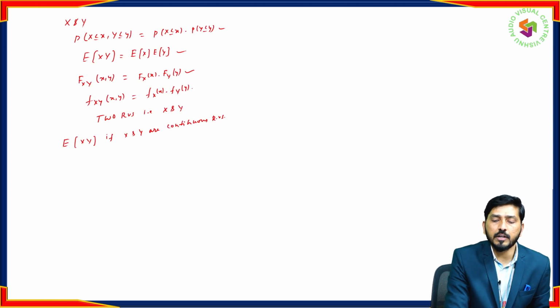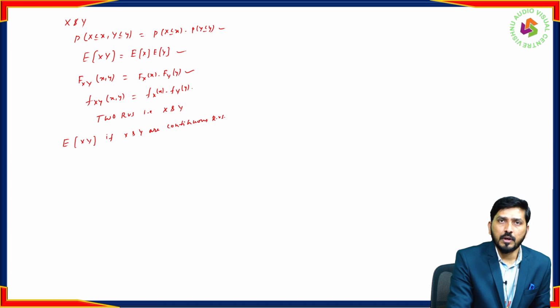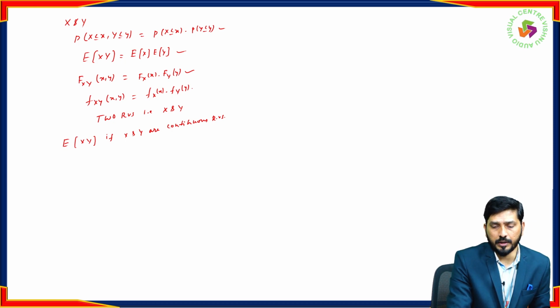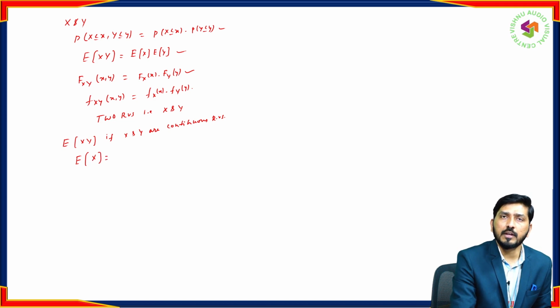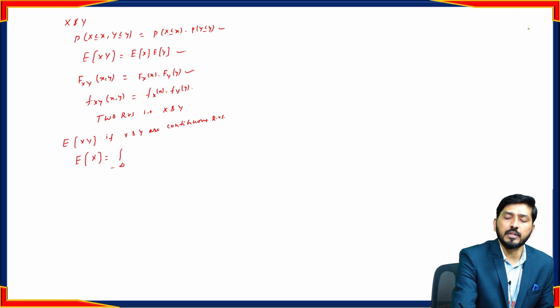If X and Y are continuous random variables, how to proceed with the formula for expectation of XY? It is the same as that of a single random variable. In a single random variable, the mean of the random variable X is written as the integral from minus infinity to infinity of x times the density function of x, dx.